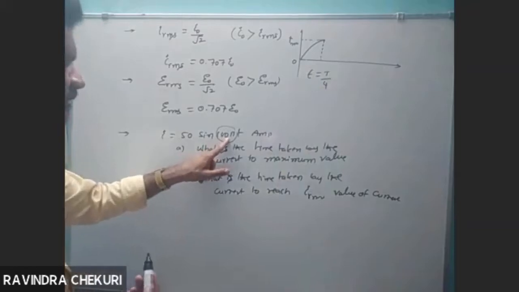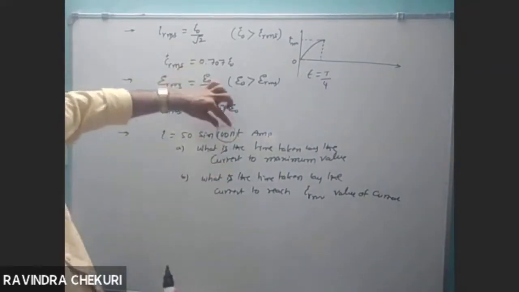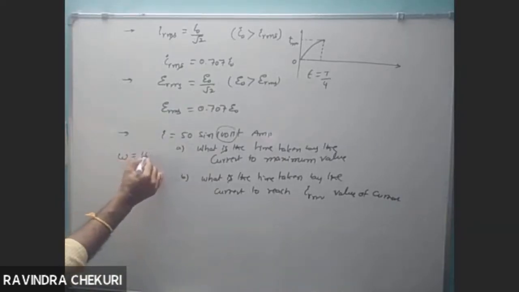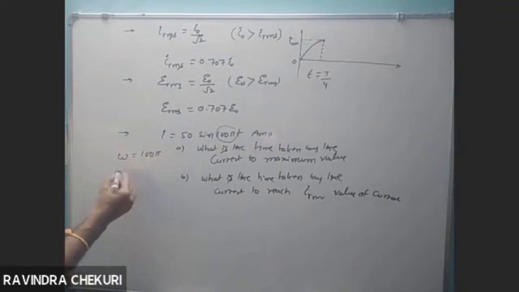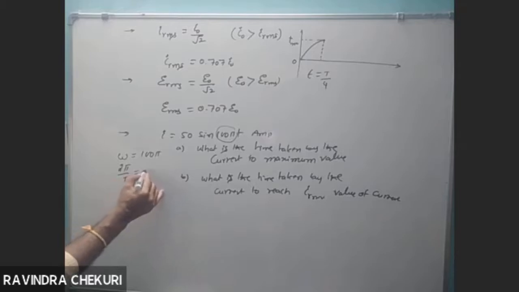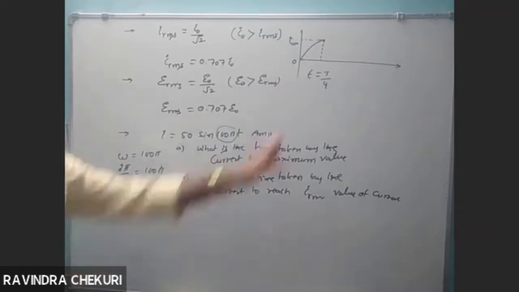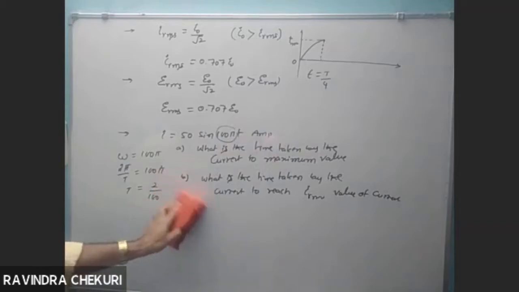So how to calculate the time period from this equation? This is omega. Omega is equal to 2 pi by T, so 100 pi is 2 pi by capital T. Pi and pi get cancelled, so T is equal to 2 by 100, which is 0.02.